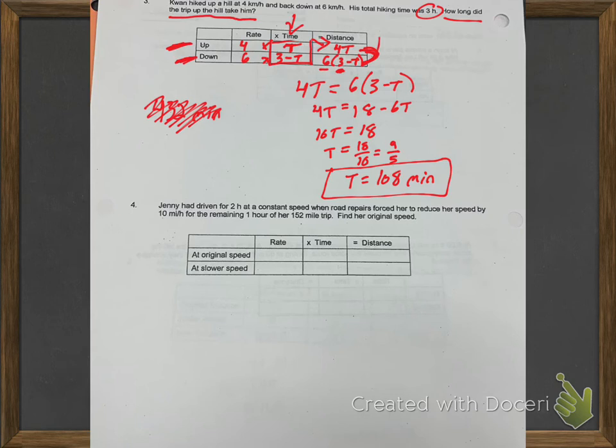And you don't have to do this, I'm just letting you know, this is just for frame of reference. So 3 minus 1.8 would be 1.2. So if you wanted to go down, it'd be 1.2 hours, or in other words, 1 hour and 48 minutes.